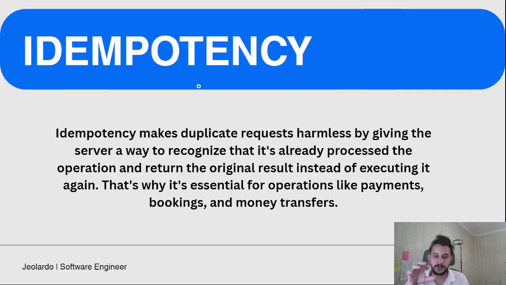So some resources, or specifically endpoints, should be idempotent. What does idempotency mean? It means we want to avoid duplication of requests for some endpoints.